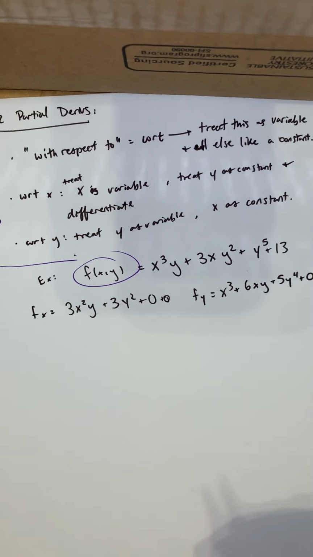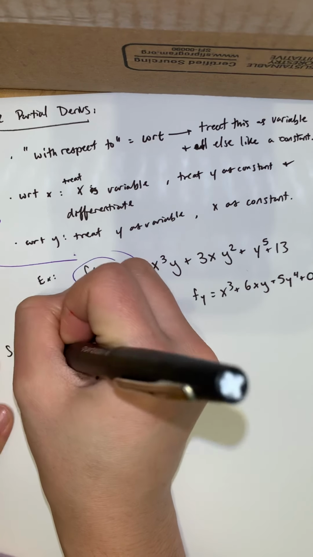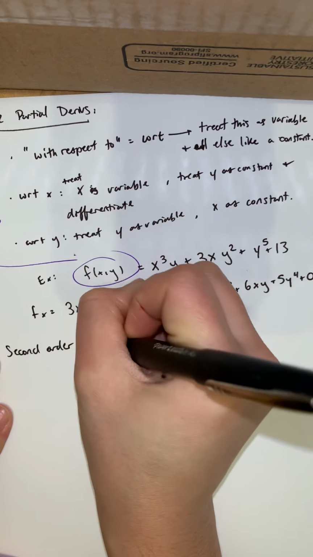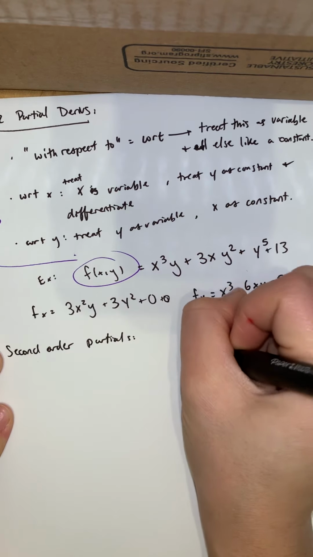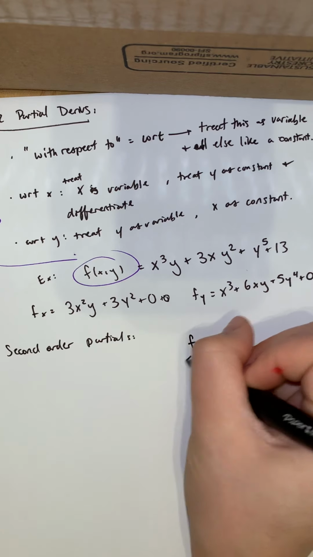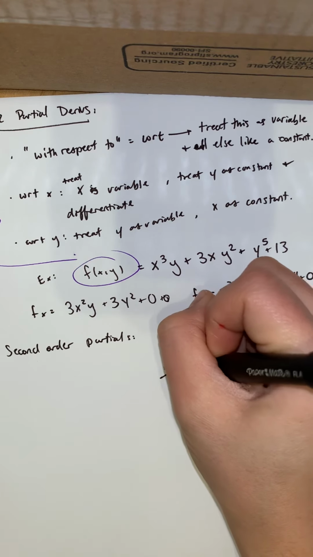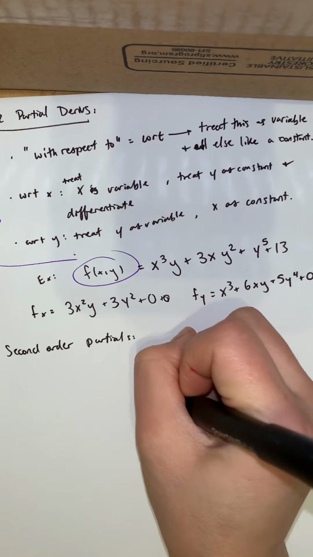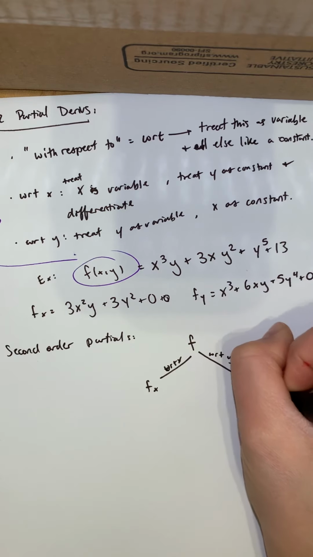We saw that we could do this with higher order partials, or second order partials is really what we care about. My favorite way to do this was with the tree. We had our f. Down to the left, this was always with respect to x, so you get f sub x. Here was always with respect to y, I get f sub y.